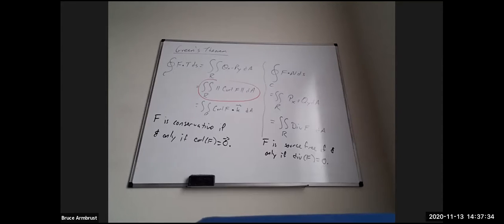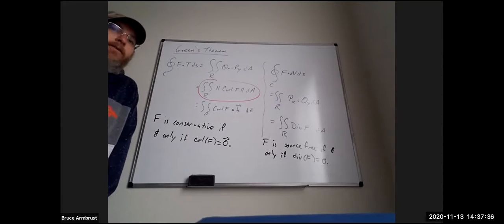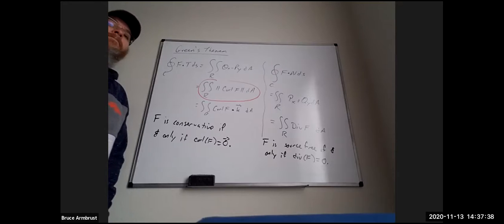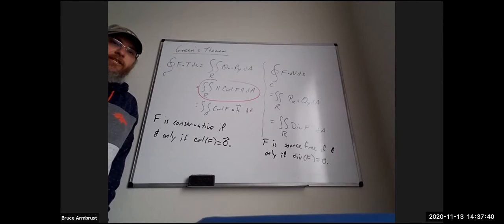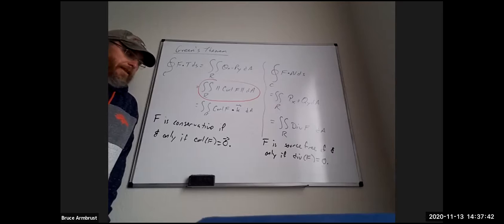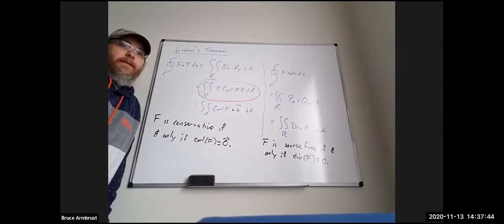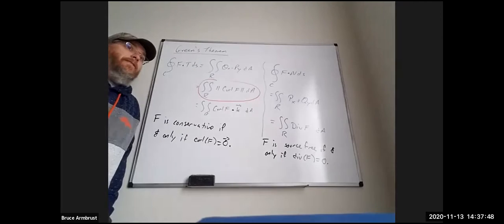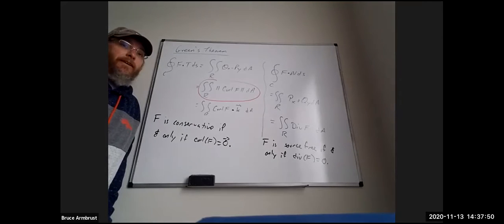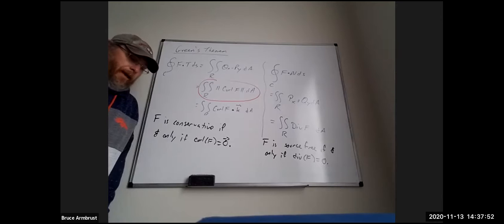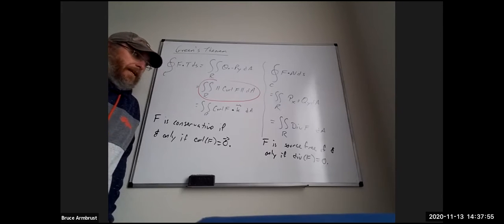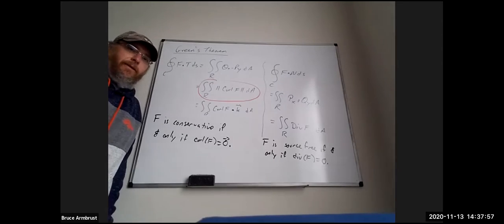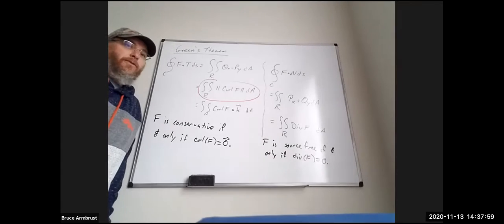If you look at a gravitational field, and you look at the 3-dimensional version of it, you will see that its curl is 0 always, no matter what the bodies are. So gravity is always conservative, right? You'll see that actually magnetic fields are always source-free.